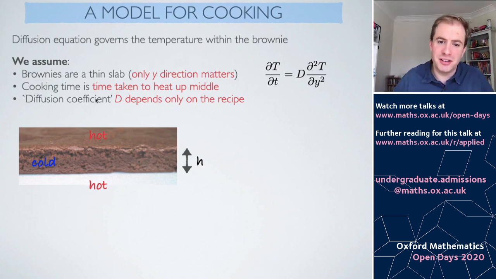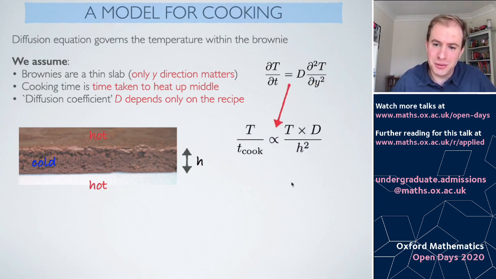And then we're going to assume that this diffusion coefficient d that comes up in the diffusion equation is independent of the thickness or anything else we're doing. It just depends on what material there is. Now, as I said already, I don't have time to talk to you about what the solution of the diffusion equation looks like. But I want to use a bit of intuition: the time derivative on the left-hand side looks a little bit like the temperature divided by the time it takes to cook.